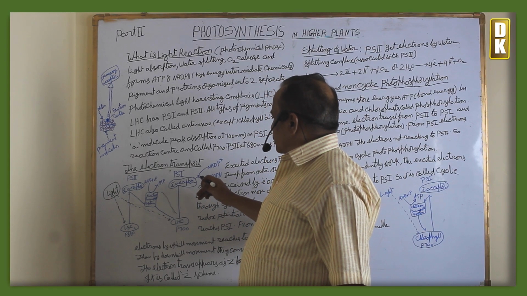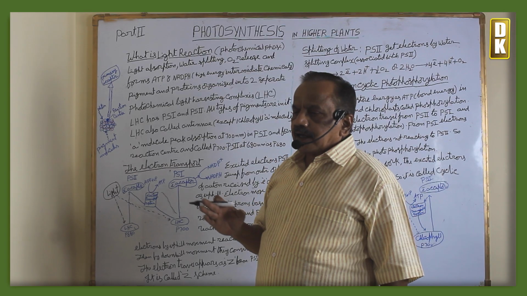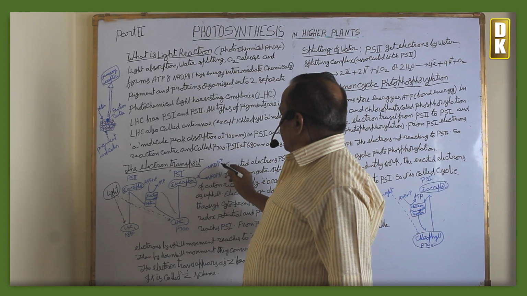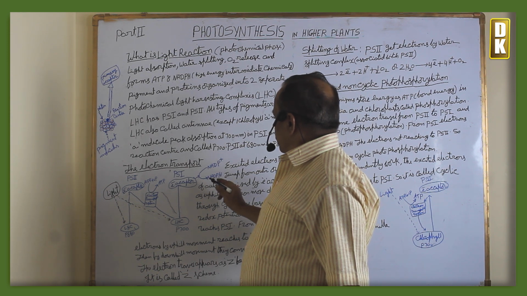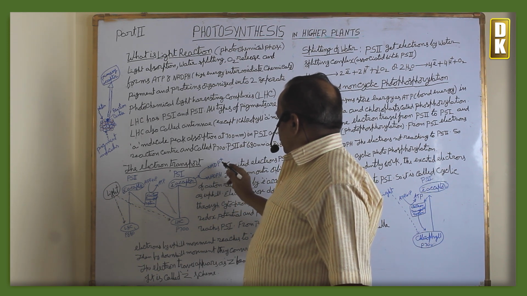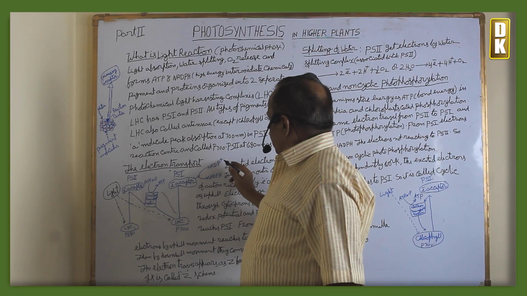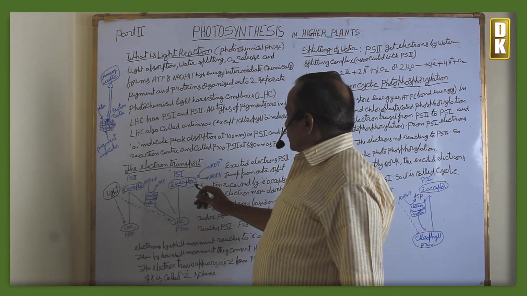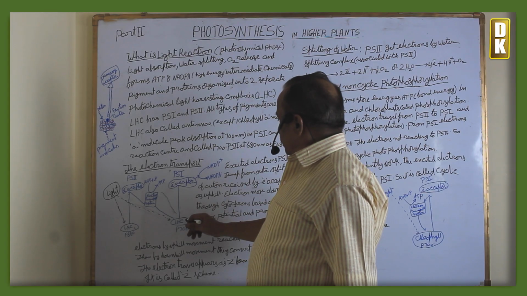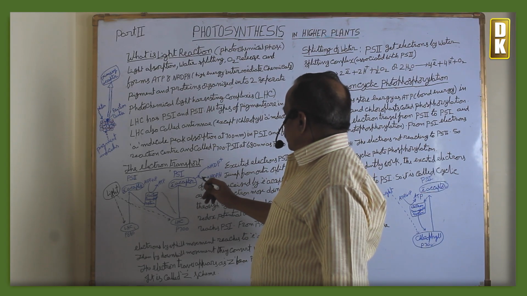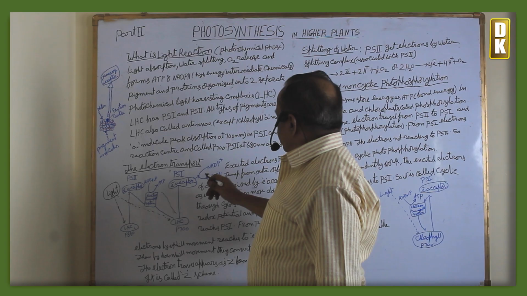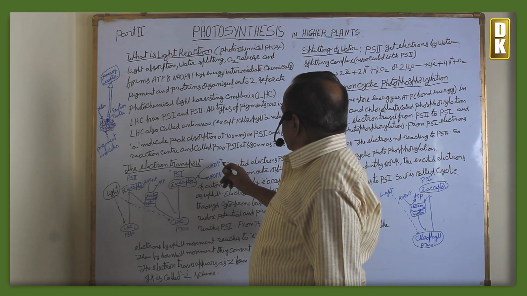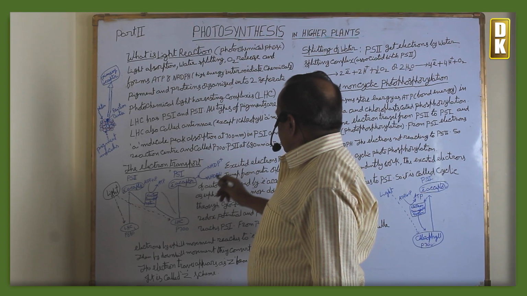From there it is sent to ferredoxin, and from ferredoxin to FNR, and there NADP is reduced by taking hydrogen. The electron is added to the proton and it becomes NADPH. So the electron acceptor of photosystem 1 gives the electrons to ferredoxin, ferredoxin to FNR, and FNR to NADP plus one proton, which becomes NADPH.